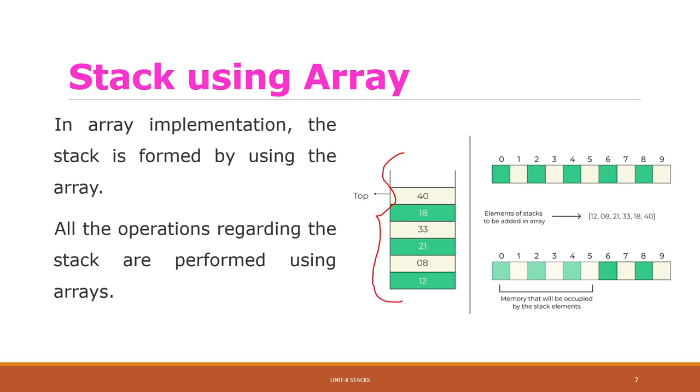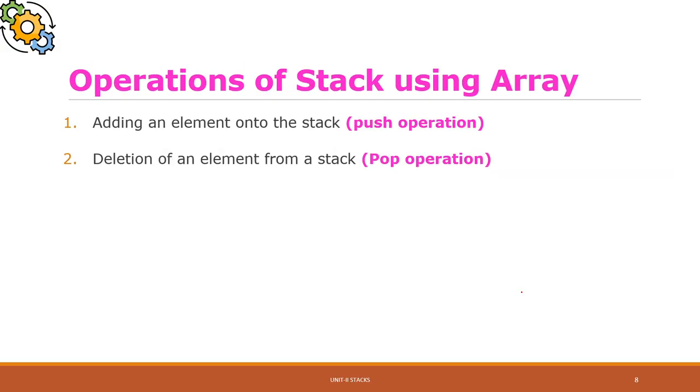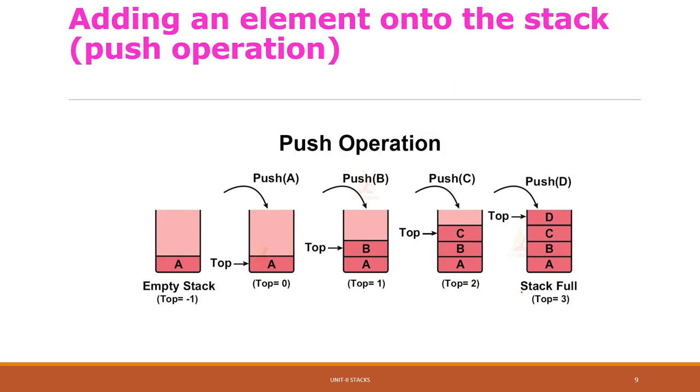All these elements, 12, 8, 21, 33, 18, 40, will be stored in it. So this memory will be allocated for the storage of elements for the stack in an array. In this we are going to perform two operations, push and pop. We will see that now.